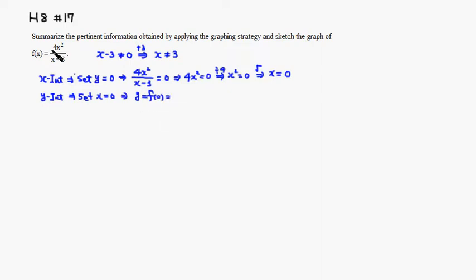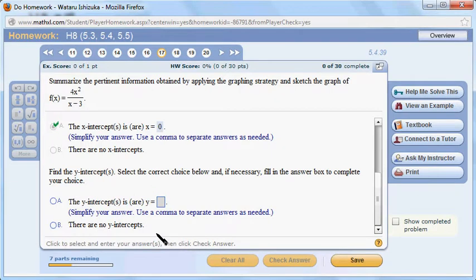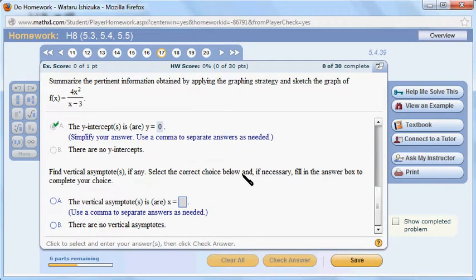If you plug in 0, 4 times 0 squared over 0 minus 3 is just 0. So the y-intercept is 0 as well. Type that in. Check the answer. We got that.